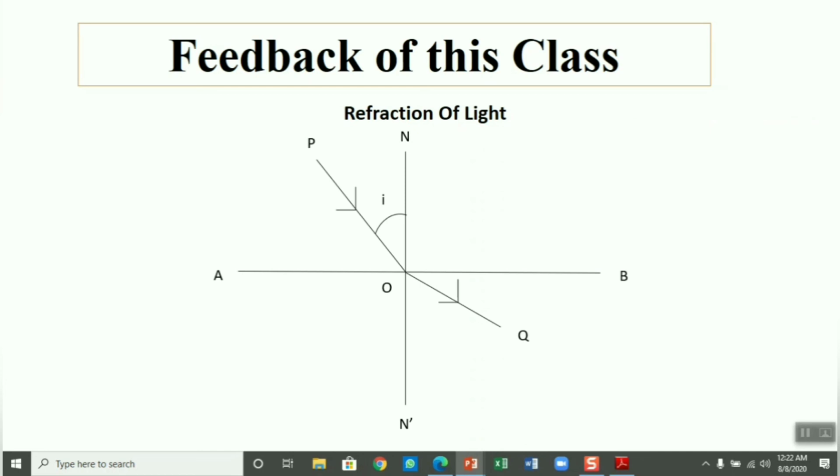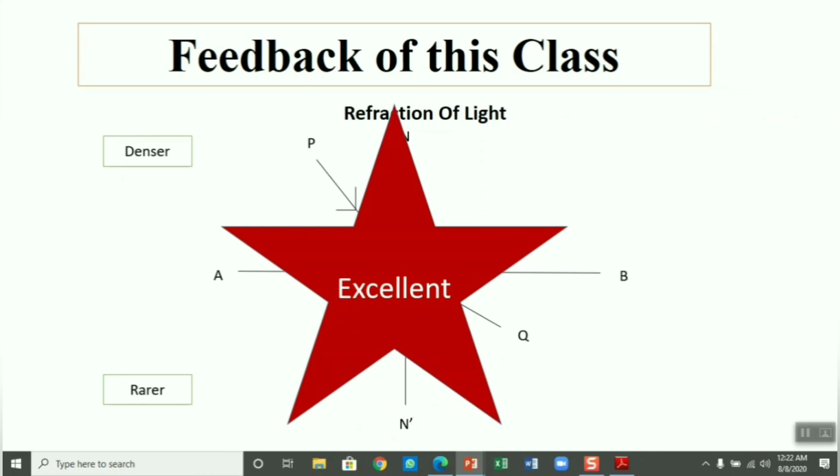This is angle of incidence, and this is angle of refraction. Now what is left? From which medium to which medium is it going? As you see, the light bends away from the normal. So this medium must be denser, and obviously this is rarer. Excellent, my dear students.